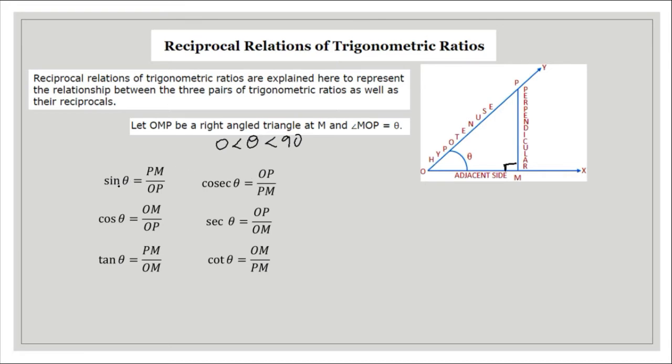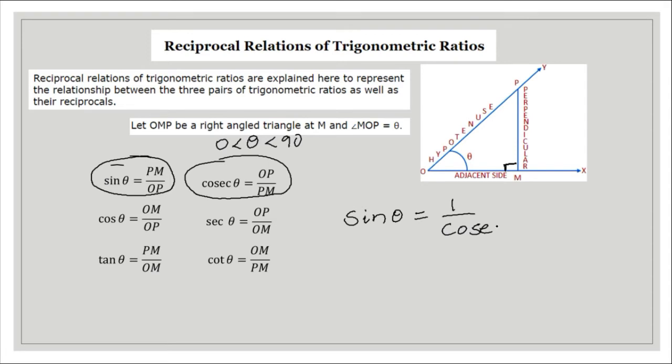You can observe these two ratios, sin theta and cosec theta. Can you observe and make out something here? If you observe properly, you will realize that sine of an angle theta is nothing but the reciprocal of cosec theta, or cosec theta is the reciprocal of sin theta. Now I want you to observe cos theta and secant theta.